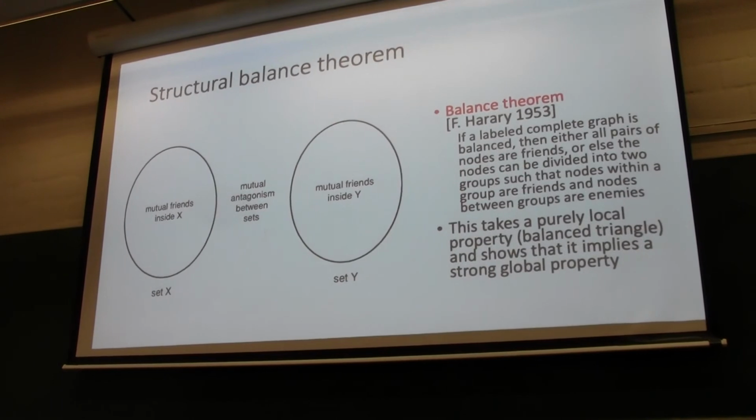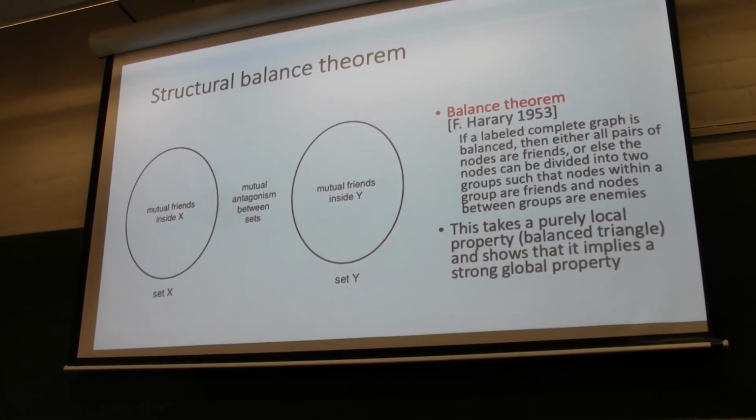And this gives a theorem, which is called the balance theorem. So let me explain what it means. So this was actually proved by a famous graph theoretician called Frank Harari in 1953. So graph theory is a fairly recent area.